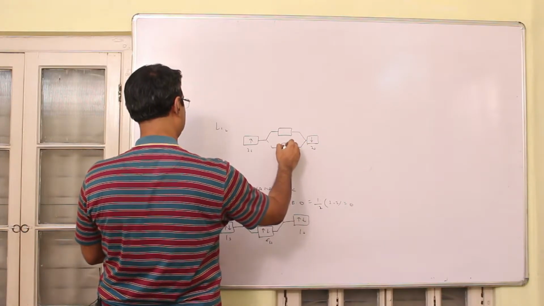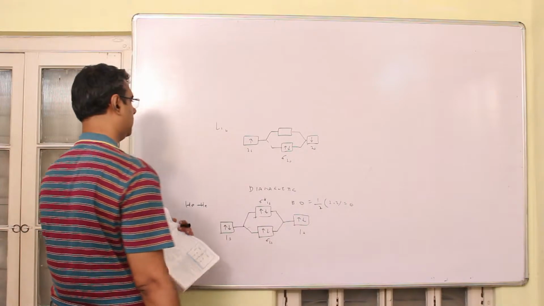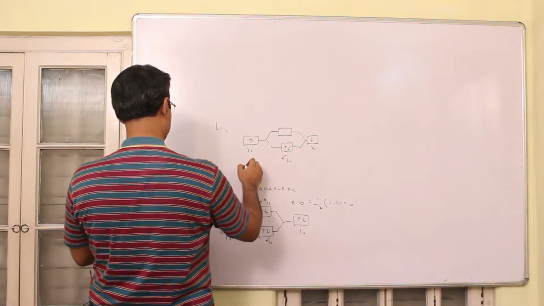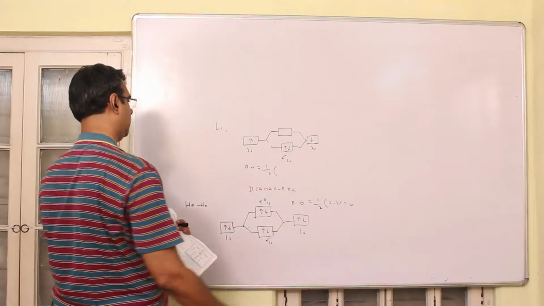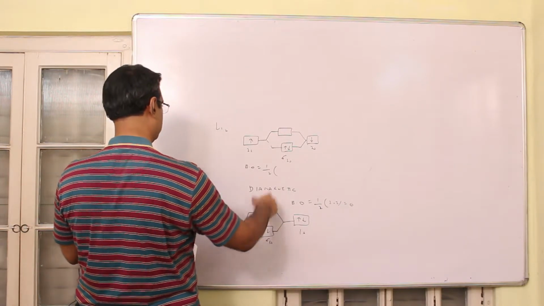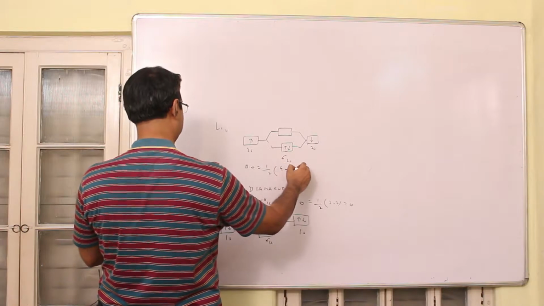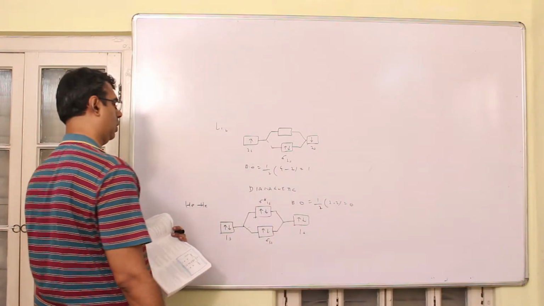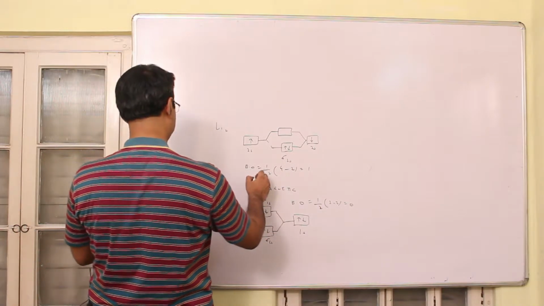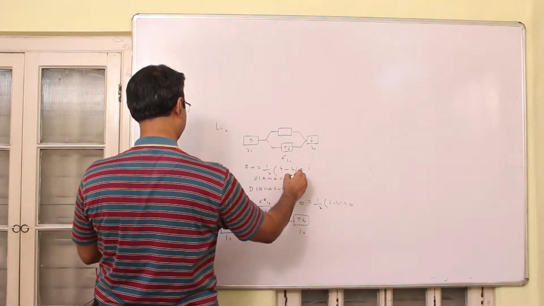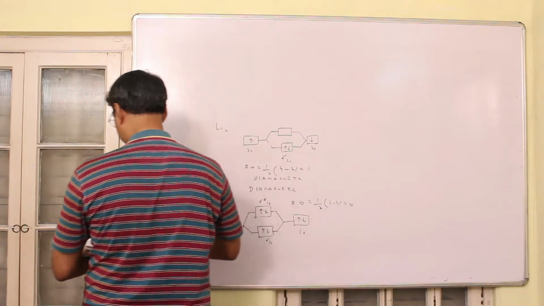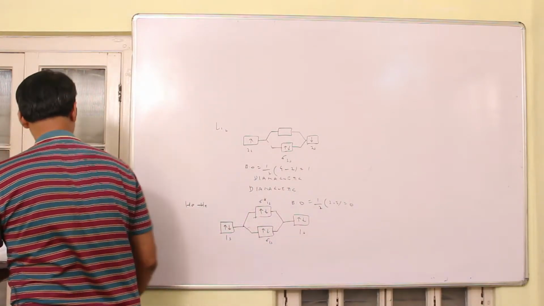In the sigma 2s orbital there will be 2 electrons. So for the bond order, the total number of bonding electrons will be sigma 1s has 2 and this has 2, so 4, and anti-bonding is 2. So the bond order is 1 and without any doubt it is diamagnetic. So Li2 molecule is diamagnetic.